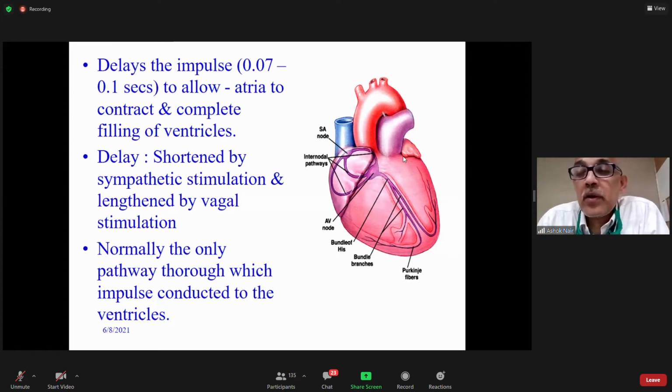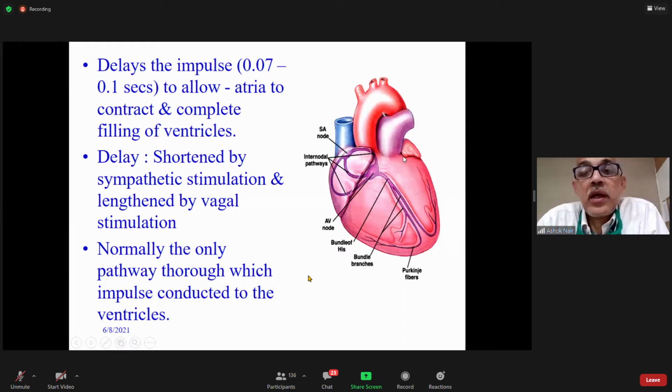It's a very important fact you need to remember. We'll come back to it later also. At the AV junction, the conduction velocity is low, at 0.05 meters per second. So there's a delay of impulse reaching from the atria to the ventricle, so that the atrial contraction is complete before the ventricular contraction begins, so that there is proper ventricular filling.